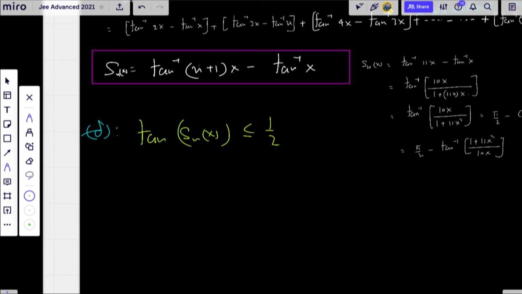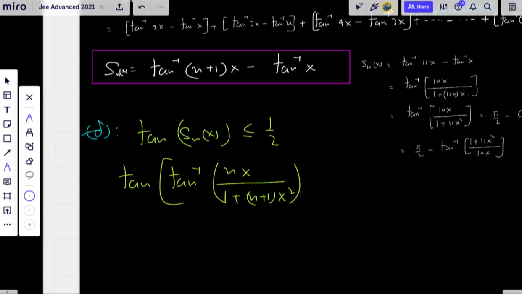So tan of tan inverse of Sn of x, that is nx upon 1 plus (n plus 1) x square, is less than or equal to 1 by 2, where tan of tan inverse x is x, which means nx upon 1 plus (n plus 1) x square.